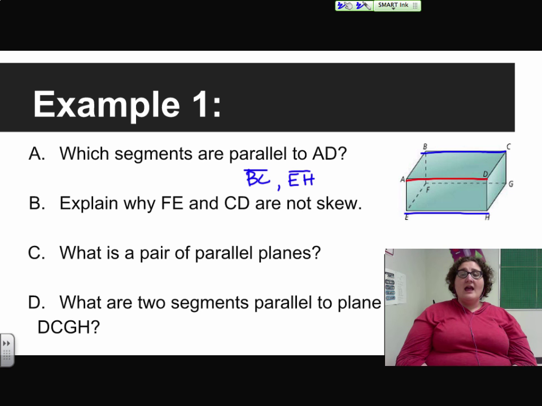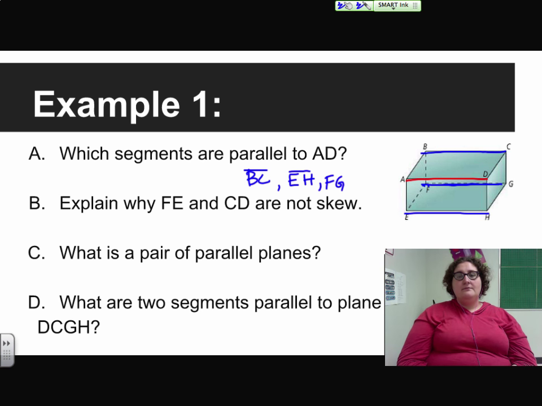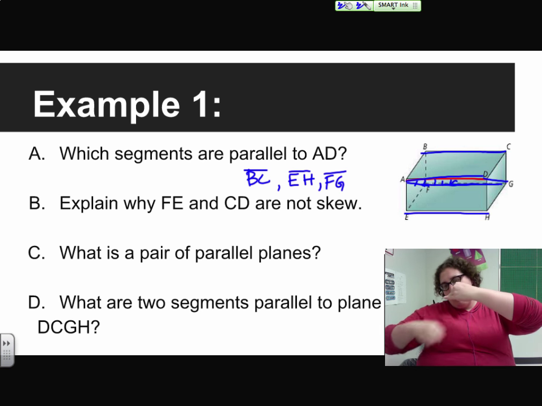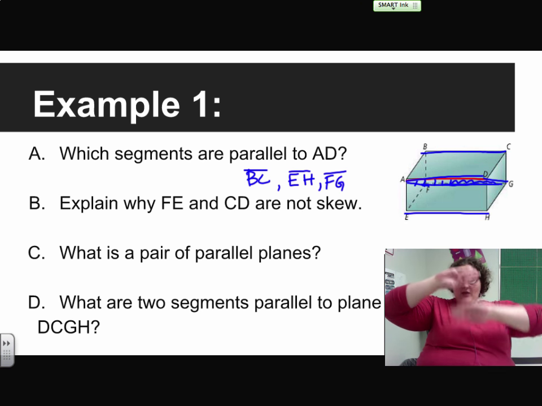And the one most often missed is FG. The reason we have FG is because we have that diagonal type plane that cuts through the figure.